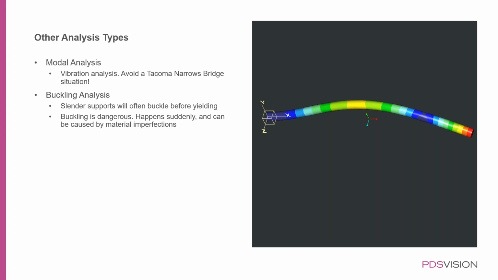When we're doing a normal static analysis, the usual failure condition we're looking at is the tensile yield condition. That's where the stress of the model exceeds the material's maximum. That's going to be the usual cause of failure. But anytime we have this buckling situation, a long thin support with compressive axial loads, we have a second failure condition that we have to worry about.